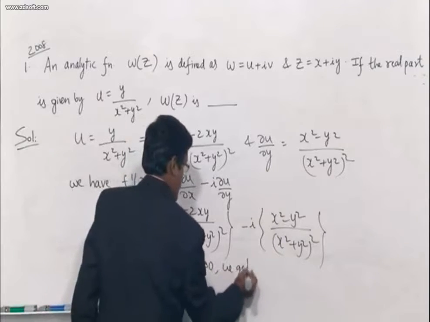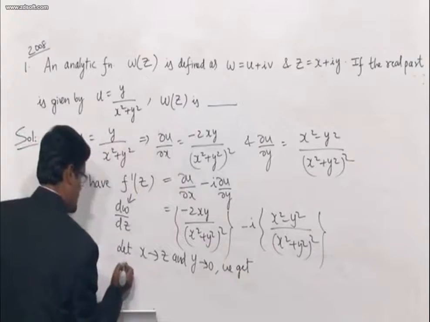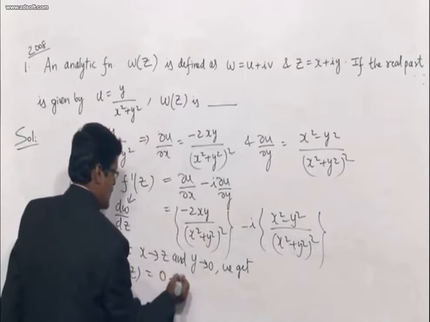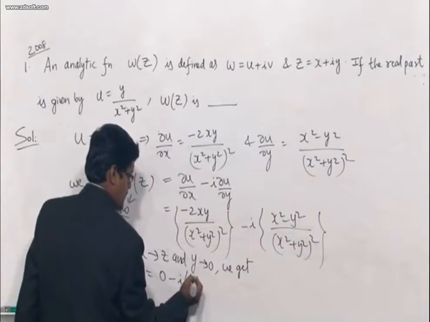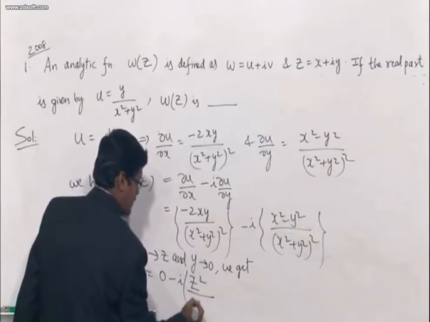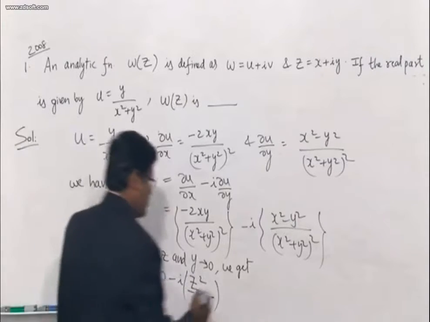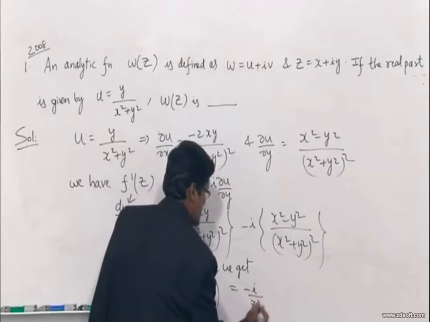We get f'(z) is equal to 0 minus i times z² by z⁴. So this simplifies to minus i by z².